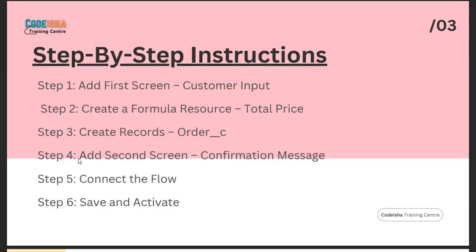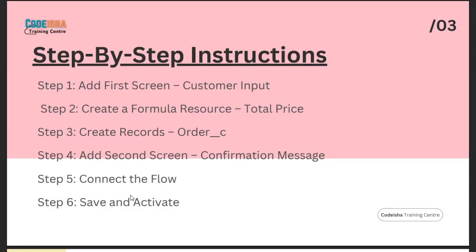Step four, add a second screen for the confirmation message display. In the fifth step, we connect the flow, save, activate, and run it. These are the instructions to follow to create our screen flow.